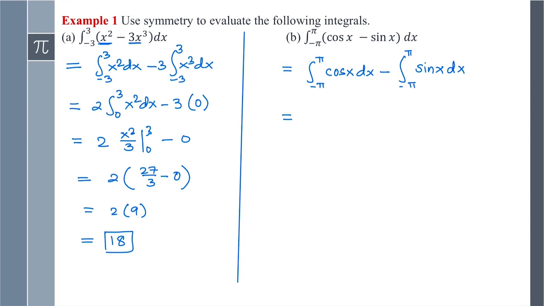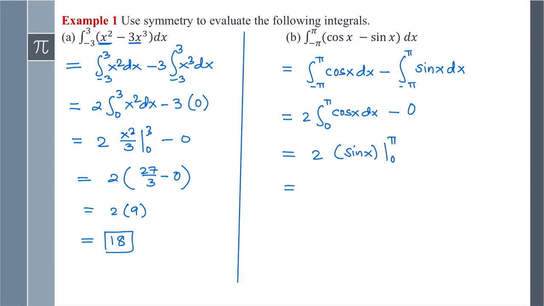So the first one, cosine, is an even function, so we'll do 2 times the integral from 0 to pi of cosine x dx, minus the sine function, which is an odd function, so its integral is just 0. Now 2 times the integral of cosine x is sine x, and we go from 0 to pi.